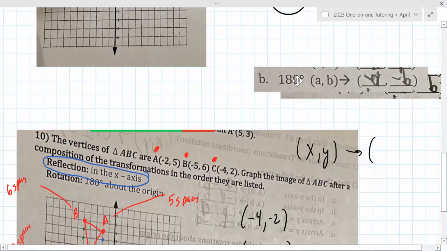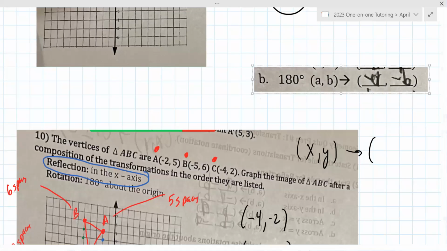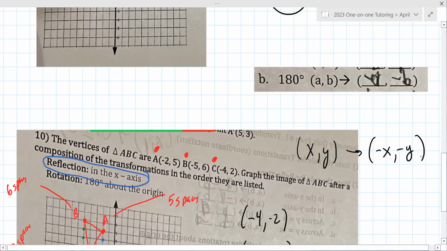This is 3B on the other side. I don't see any X's. That's a negative a, negative b. Oh my. Okay, so what were you looking at? In my paper, the translation rule. Okay, but we're not doing a translation, we're doing a rotation.